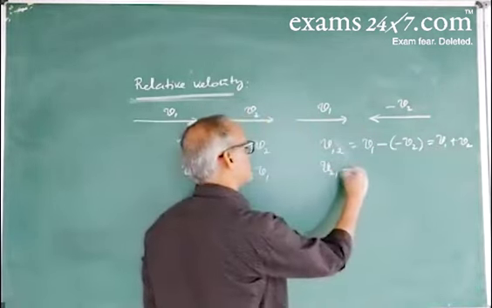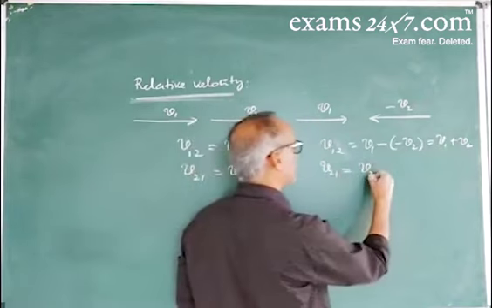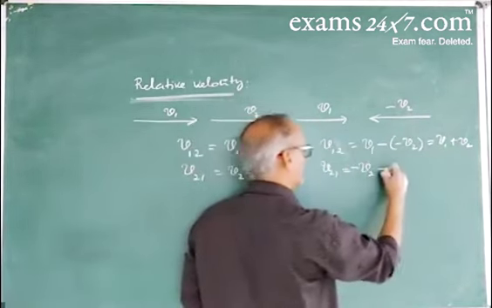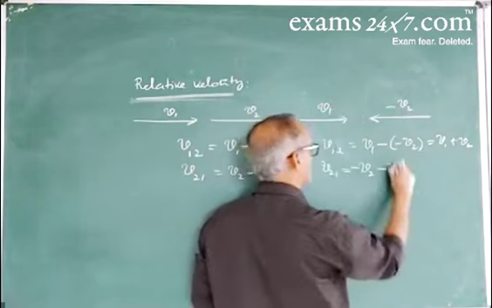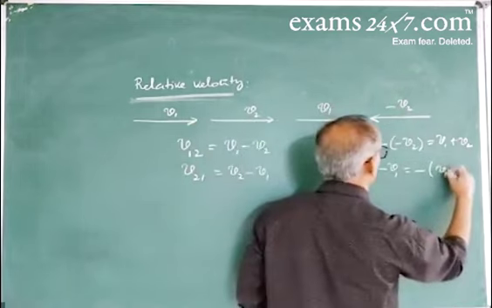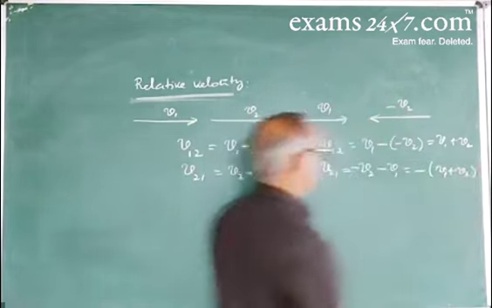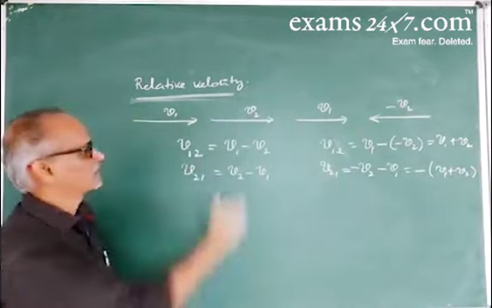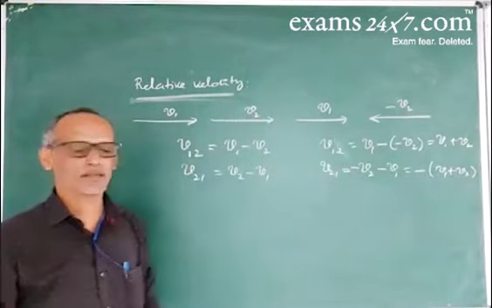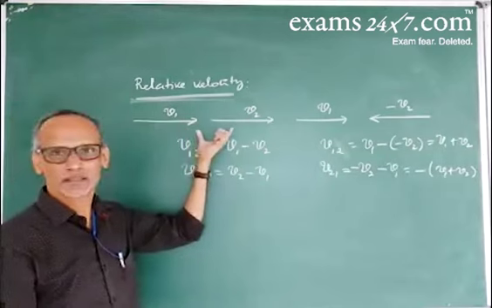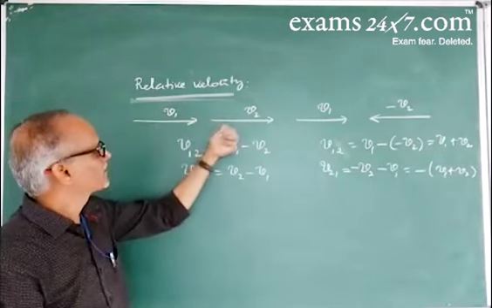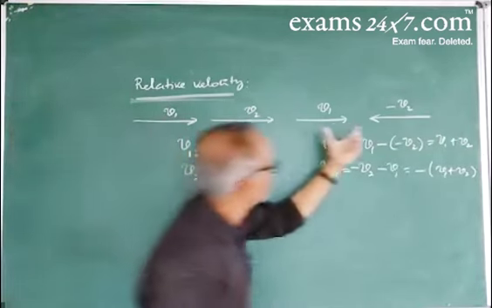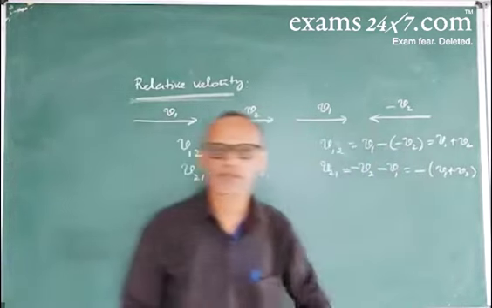So how about v21? v21 is equal to minus v2 minus v1, which is minus of v1 plus v2. So that is the relative velocity of one body with respect to another. Find the difference when they move in the same direction, and add the two velocities when they move in opposite direction.